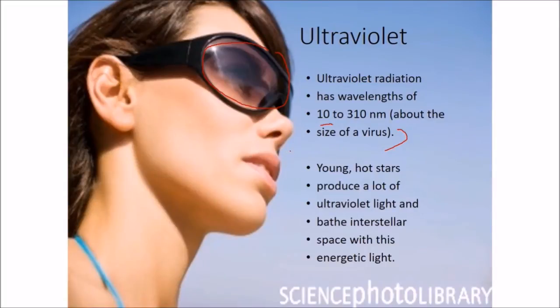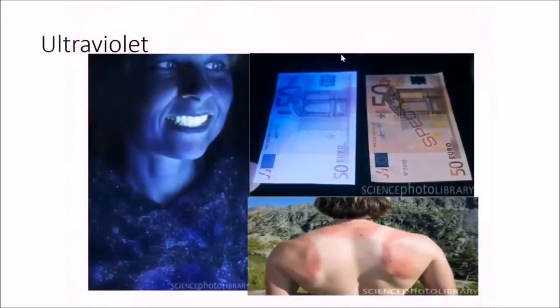Young hot stars produce a lot of ultraviolet light and bathe interstellar space with this energetic light. You have ultraviolet UVA, UVB, UVC.